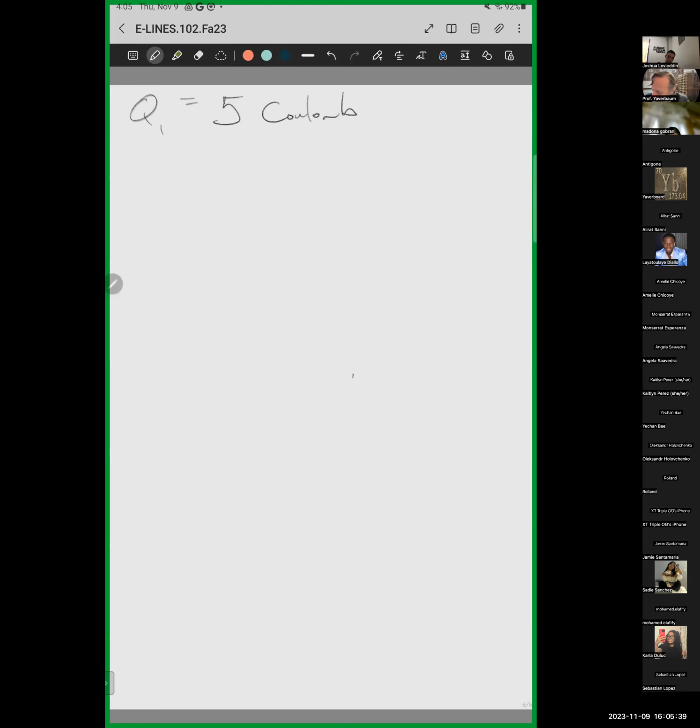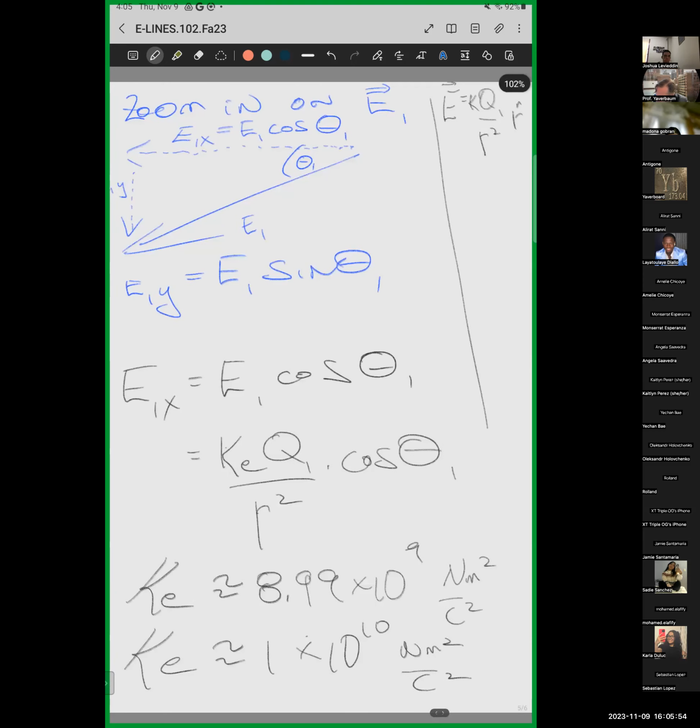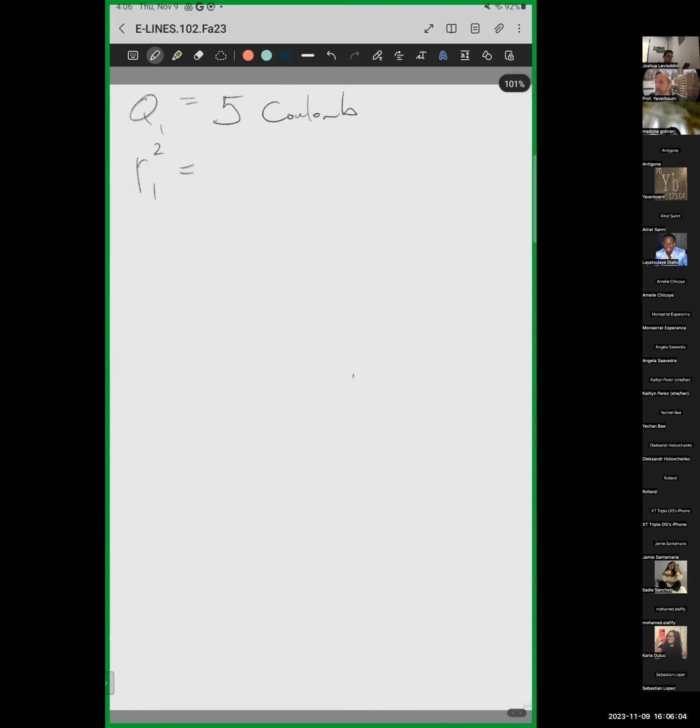Okay, and then R squared. Really, R1 squared. Every time I'm writing R here, I mean R1, because I mean the distance from point charge 1 to the point, anyway, I mean the first R. So what is R?